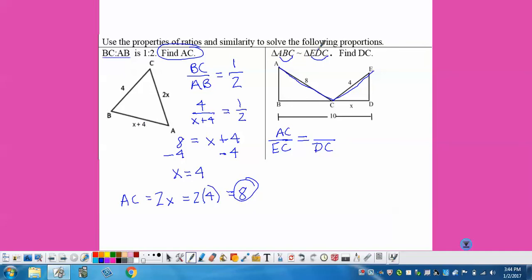Based on up here, DC has to be proportional to BC, which is right here. Now, we don't know what that is, but we do know that the whole distance from B to D is worth 10. So if this part is worth x, we know that this is whatever's left over. So it's going to be 10 minus x.